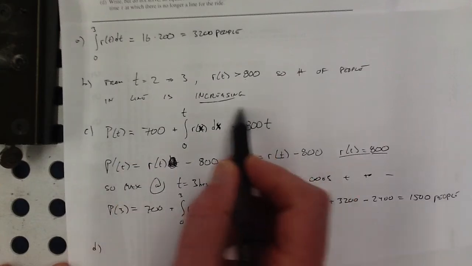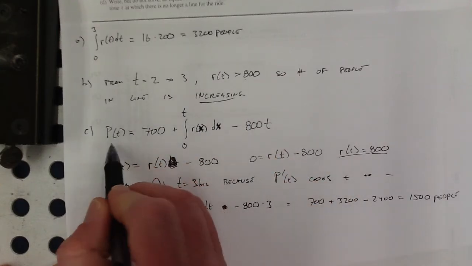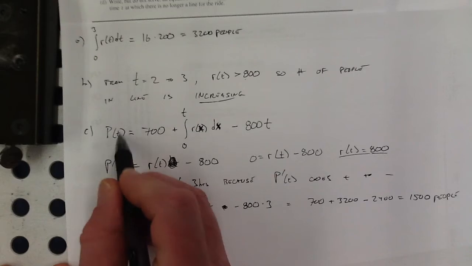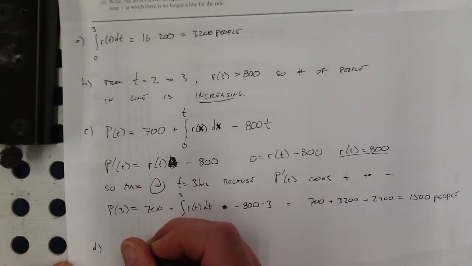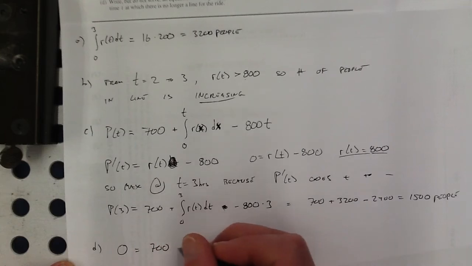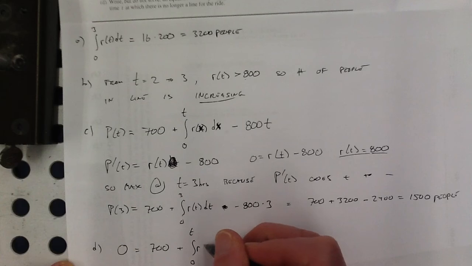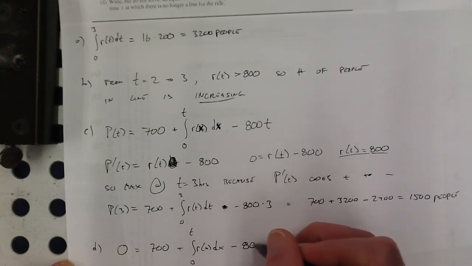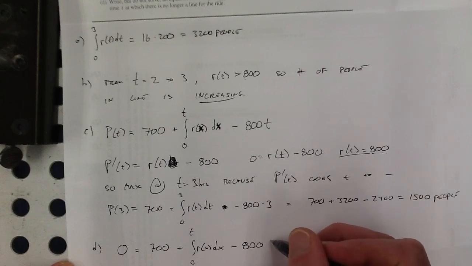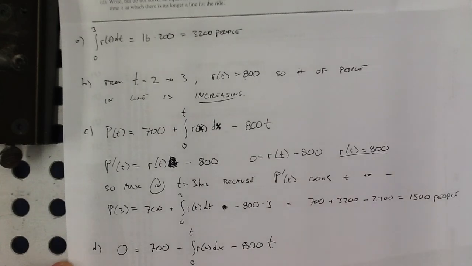If we have this integral expression here, we just need to set that equal to 0, so the number of people equals 0. So that would be no people in line. Sure, just set this equal to 0. That's it.